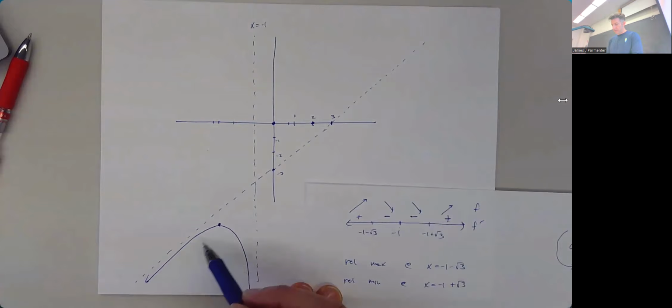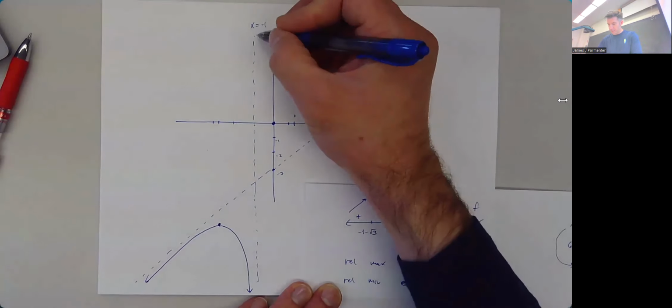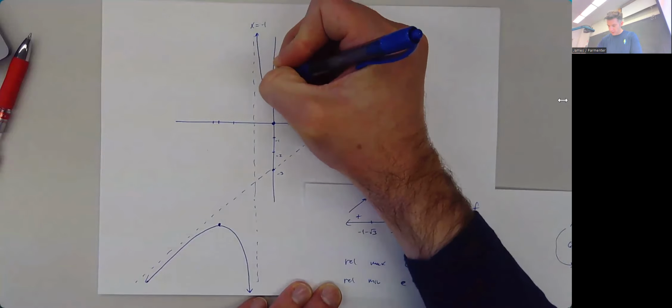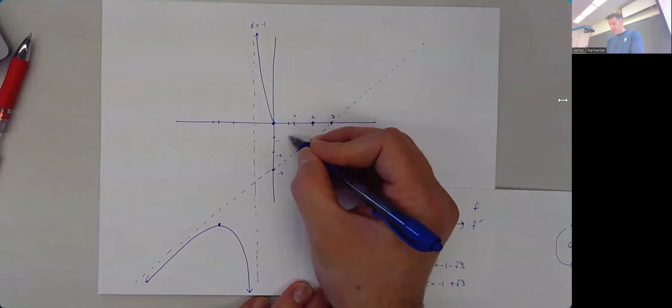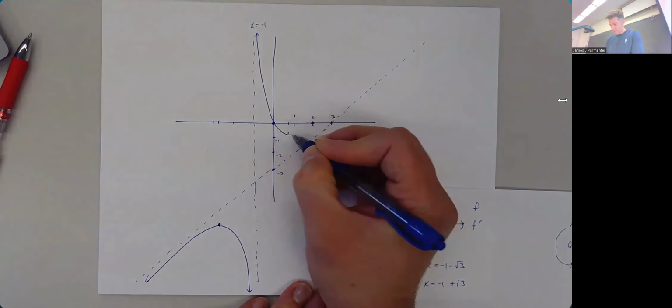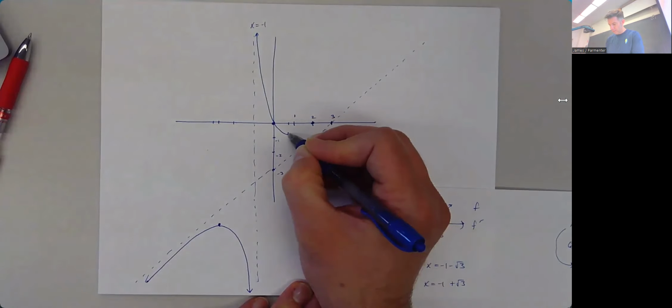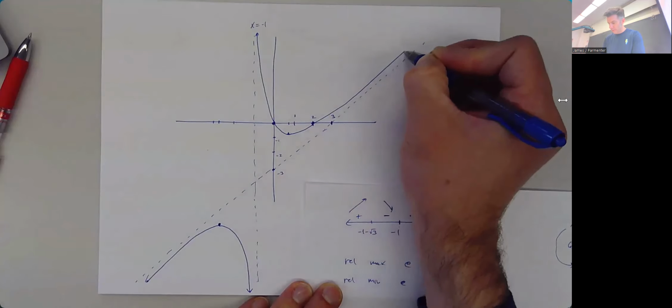I was increasing, decreasing, and now after -1, I'm still decreasing. I got to hit my intercept there. That's where my relative minimum is going to be. And then increasing afterwards. Got to go through that intercept as well. And then keep getting larger and larger and larger.